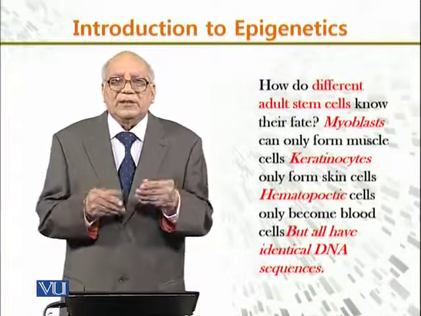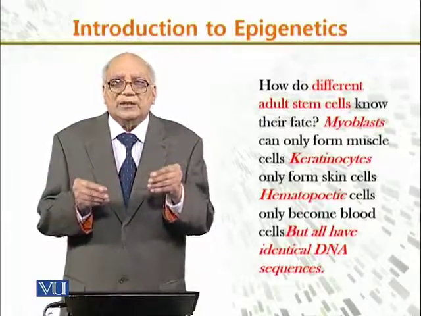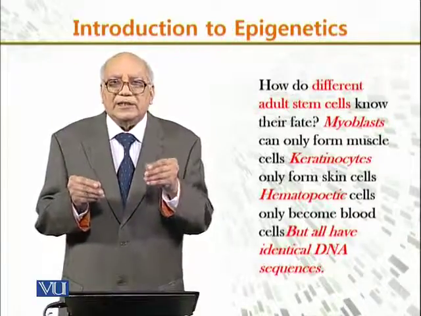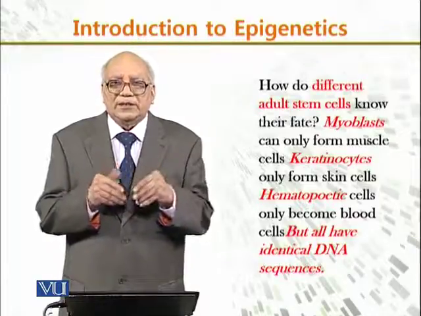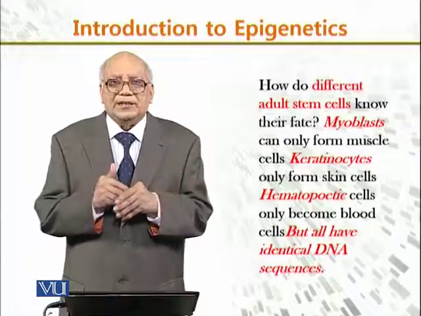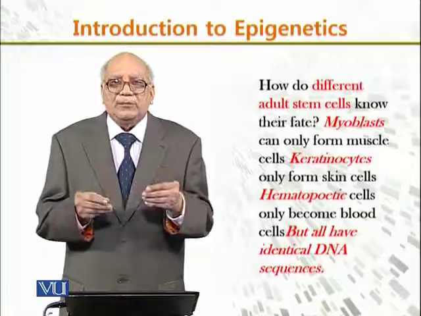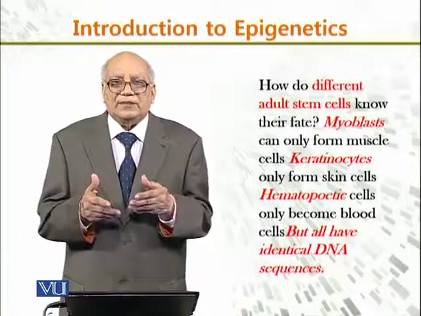For example, myoblasts can only form muscles. Similarly, keratinocytes only form skin cells, and hematopoietic cells only become blood cells.